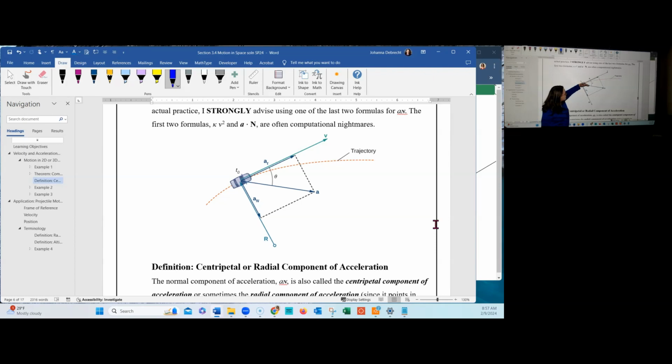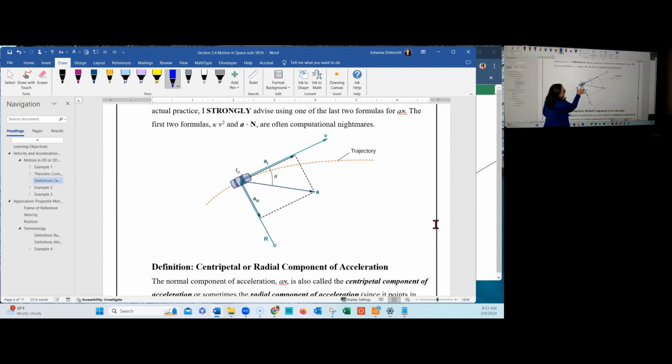The actual acceleration vector is coming off at an angle, and you can see they formed a parallelogram with the acceleration vector, and they've split it into two components. One component is parallel to the velocity vector, which is the tangent vector, in the direction of the unit tangent vector. And then they've split the other component along the normal vector.